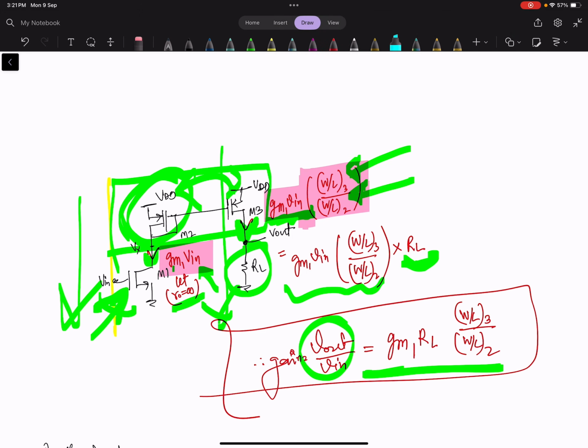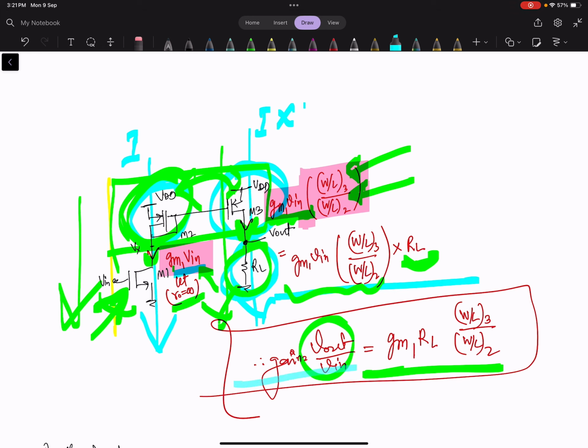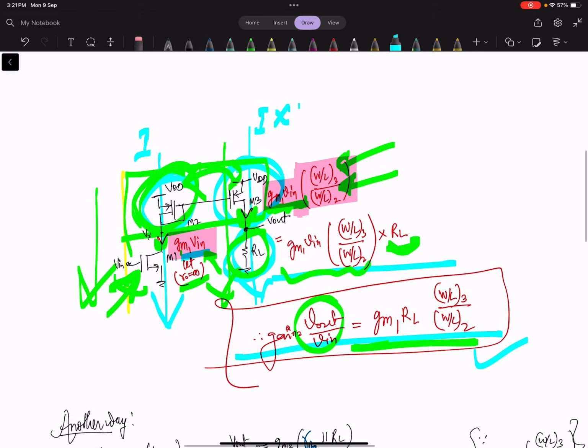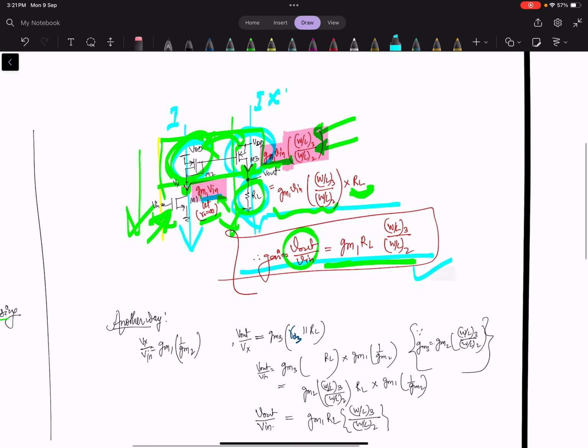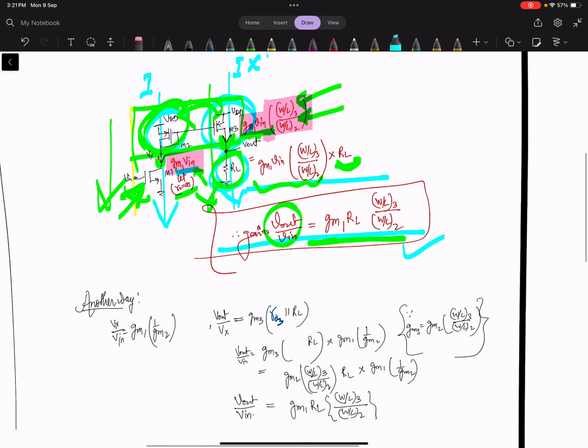This branch current is gm1 V in, and this branch current is defined by whatever the current is in this branch, I1, multiplied by the aspect ratio of M3 divided by the aspect ratio of M2, and multiplied by R2 will give the V out, and thus we easily get the gain. This is very beautiful, that we can use the current equation directly for the gain calculation.